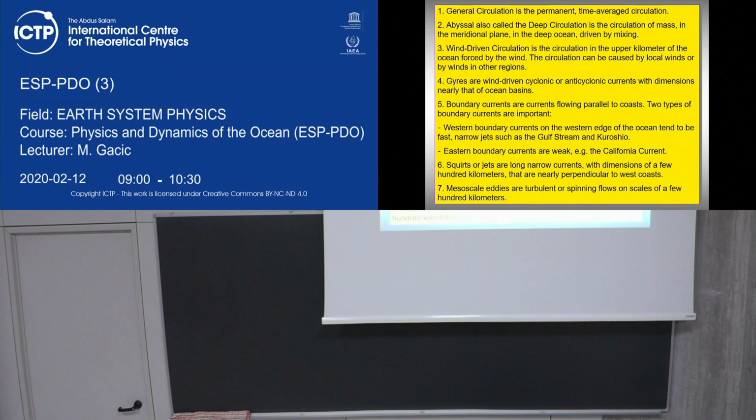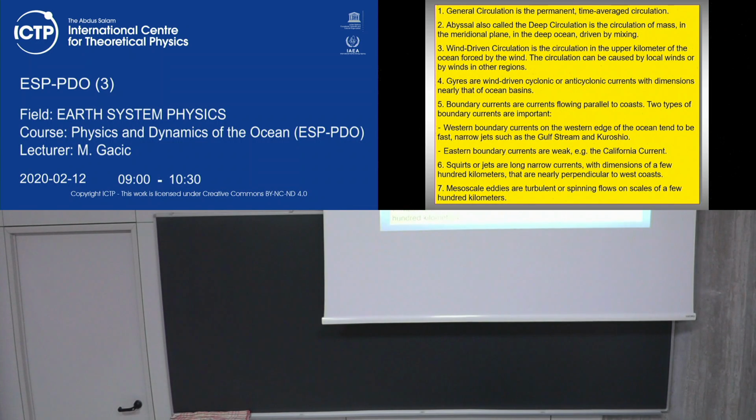They are wind-driven and then can be cyclonic or anticyclonic, counterclockwise or clockwise, in function of the sign of circulation. And then they can be on the order of a basin. So if you are talking about the Atlantic Ocean, then they can be on the order of the dimensions of the ocean, so thousands of kilometers.